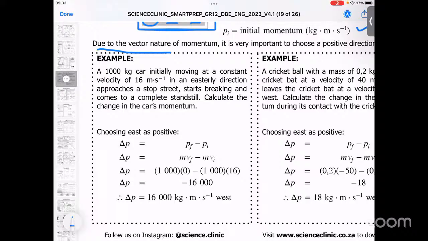So now they want you to calculate the change in the car's momentum. Of course, it changes because it was moving at 16 meters per second, and then they apply the brake, and it gradually decreased until it came to a stop.